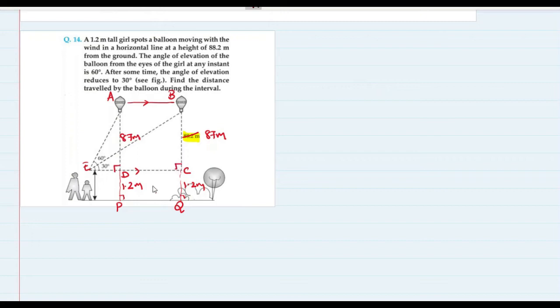Okay, this is 90 degree. This is 90 degree. Okay, let's consider few triangles now. In triangle EBC, do you see triangle EBC? So in triangle EBC, angle BEC is equal to 30 degree. Okay, so tan of 30 is equal to opposite upon adjacent.